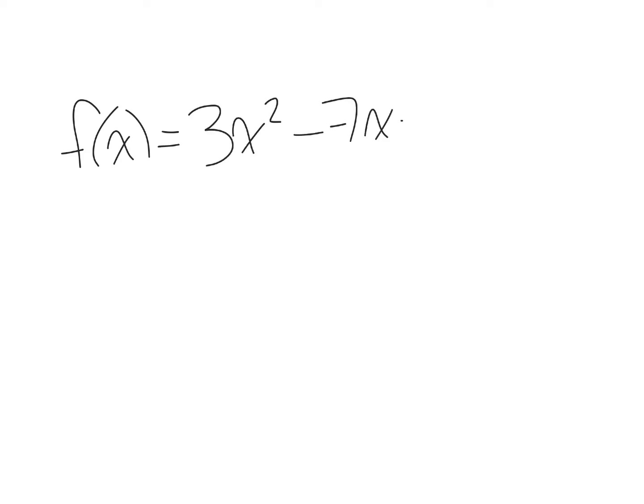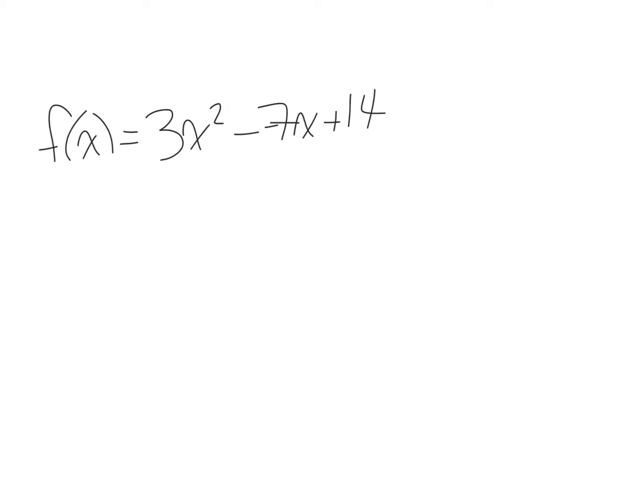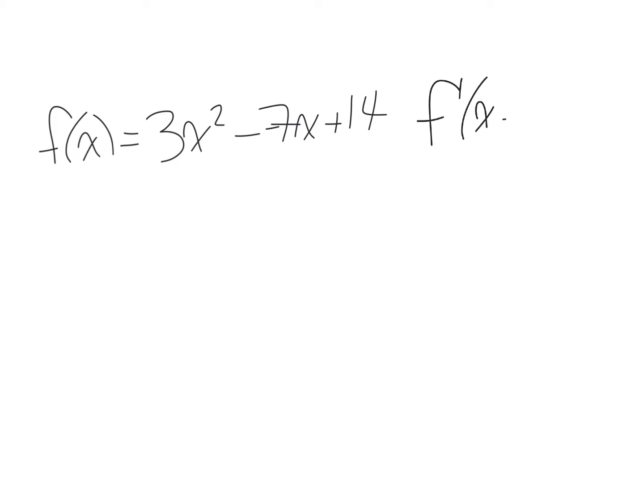So if I had a function f of x equal to 3x squared minus 7x plus 14, I need to make this smaller. What would be the derivative of that function? 6x minus 7. Okay. So we have 6x minus 7, yeah? Okay. So what if we had this function?